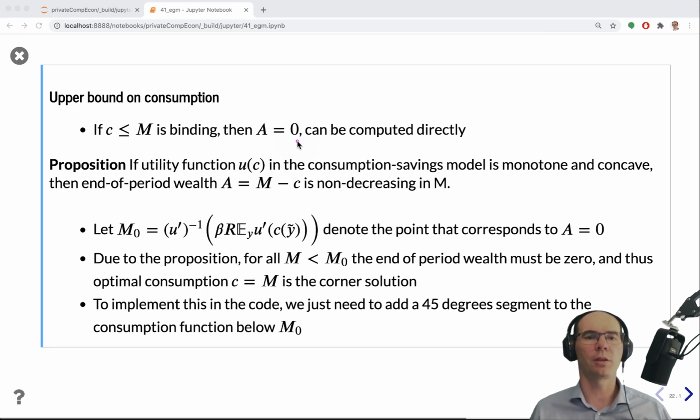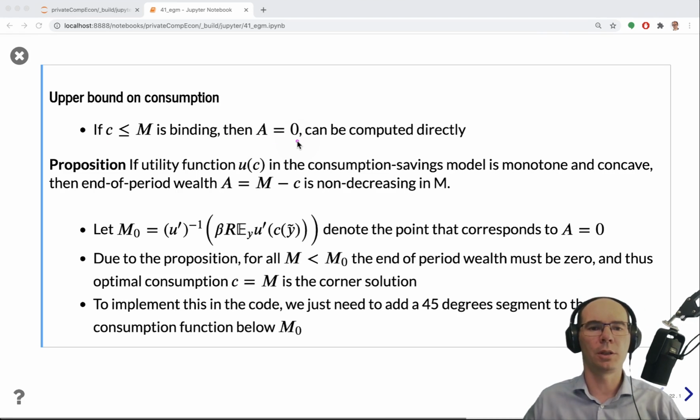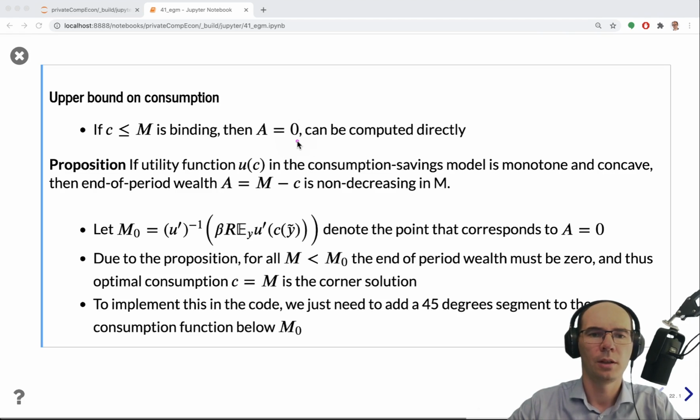We're consuming the whole M, and then M minus C is 0. Now there is a proposition which turns out to be extremely useful to deal with the upper bound on consumption in the consumption-savings type problem. If the utility function in this problem is monotone and concave, then the end of period wealth is a non-decreasing function of M.